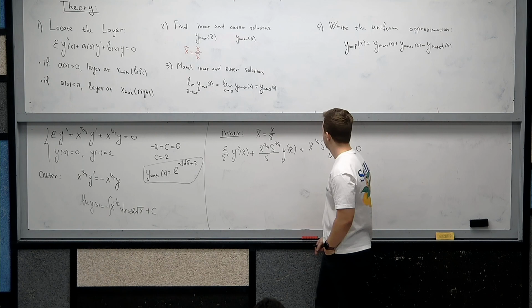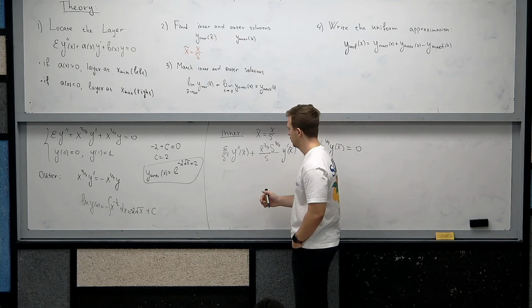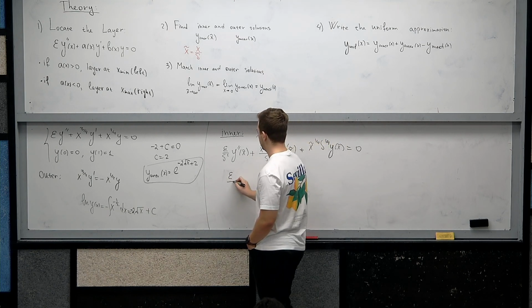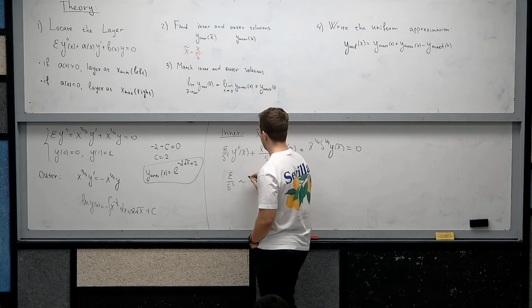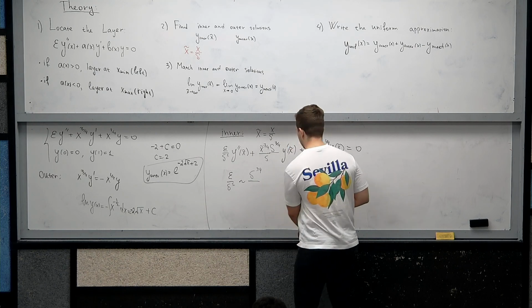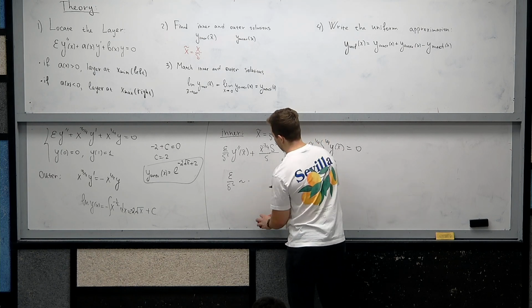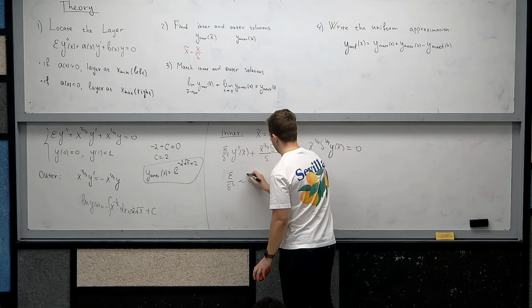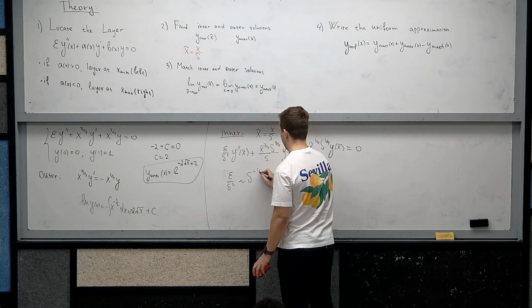So let's pick this and this. We have epsilon divided by delta squared asymptotic to delta to the 3/4, so let's write it as delta to the minus 1/4.